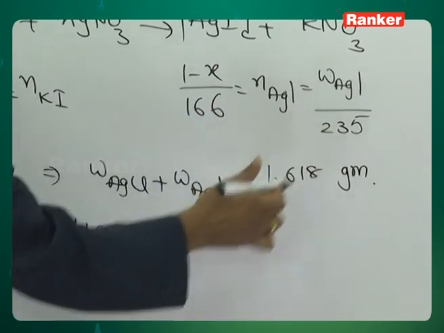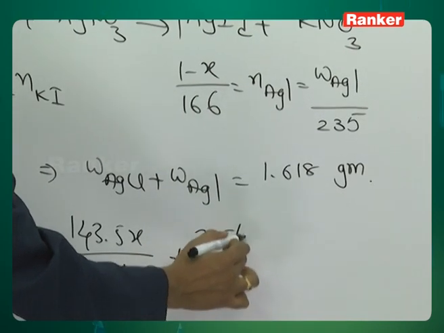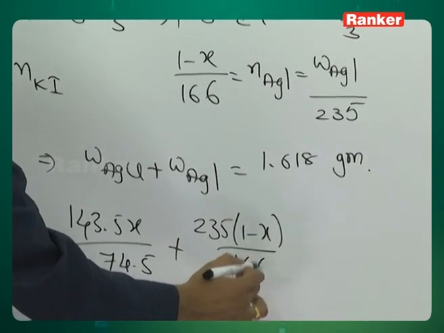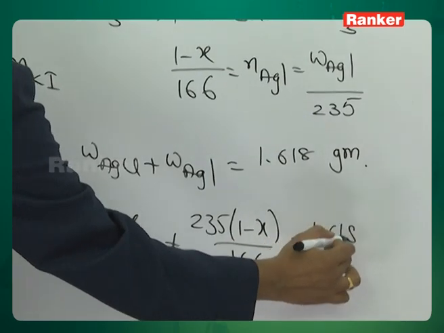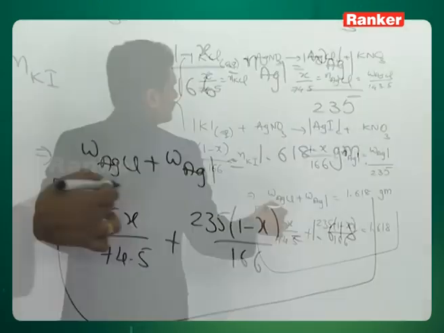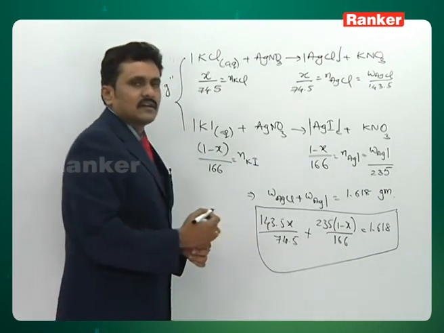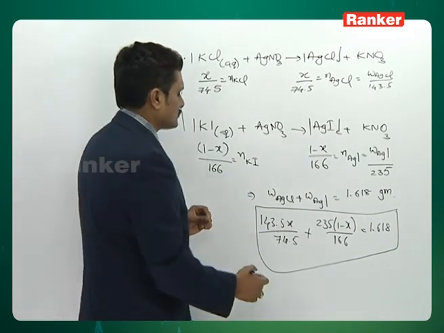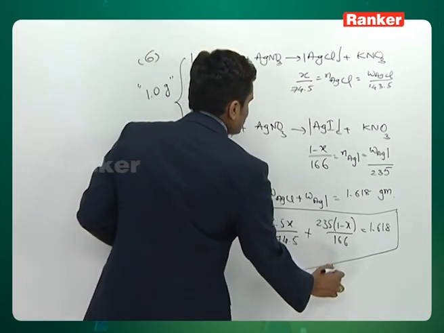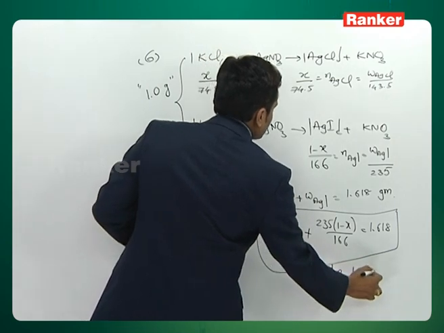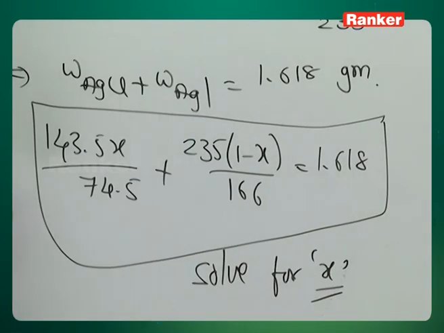Over here I will be getting the weight of AgI, and when I equate that to 1.618, I will get an equation which has only one unknown, that is nothing but x.